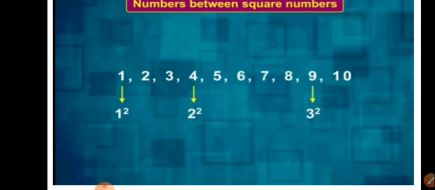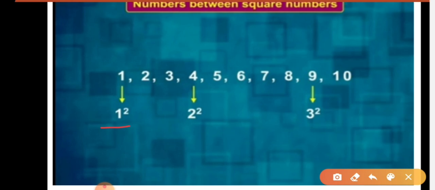Now here what you can see is, here you can see that 1 is a square number, and 4 is a square number. Okay, so 1 you can write as 1 ka square, it will come 1. Here 4, it is a square of 2.